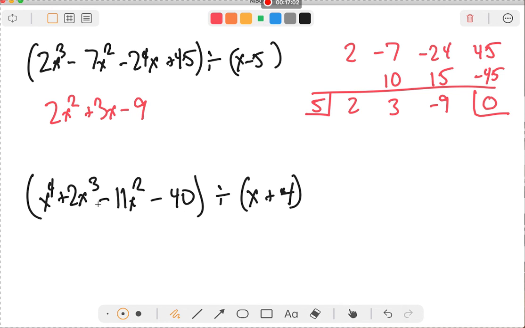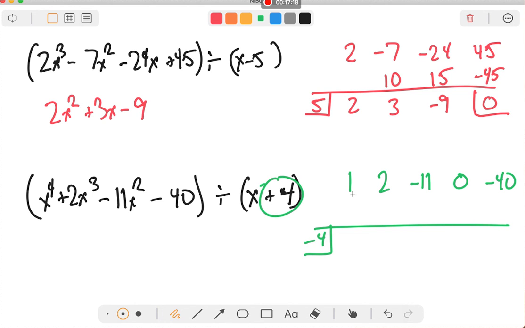Let's work that. I got 1x to the 4th, 2x cubed, negative 11x squared. I don't have an x term, so I put in a 0 and a minus 40. I'm dividing by x plus 4, so I'll go a minus 4 here. So I'll bring down the 1 times the negative 4 plus 2 times the negative 4 minus 11 times the negative 4 plus 0 times the negative 4 is negative 88.